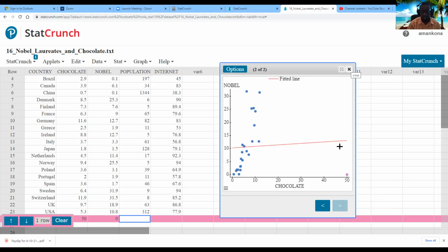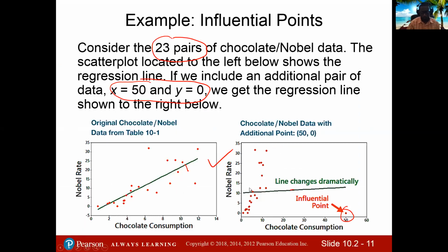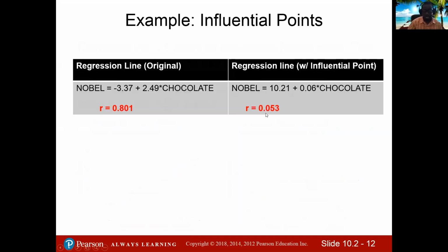So very important to know that. Very good. Now let's go back to our PowerPoint. So when you have an influential point, it really affects the regression line. As I stated in the example, the correlation coefficient is 80.1% without the influential point, but with the influential point, it is what? 5.3%.